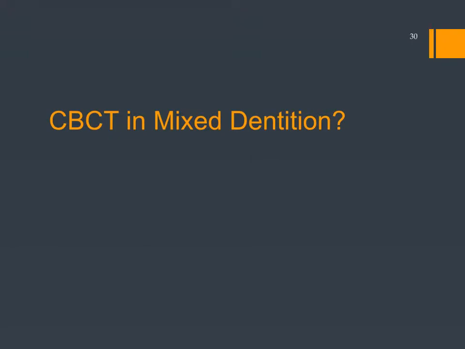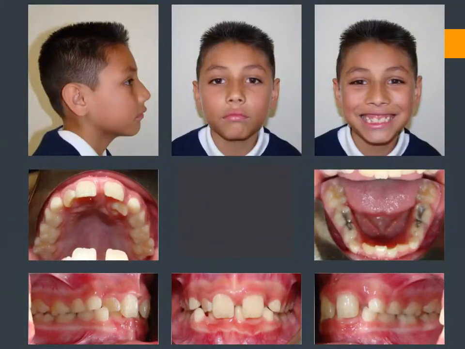Taking scans in the mixed dentition really should rely on your clinical assessment. Well, this kid has a crossbite, and I feel that mixed dentition treatment for any crossbite is appropriate, posterior or anterior. Crossbites can cause tissue damage, wear on the teeth, and even asymmetrical growth.